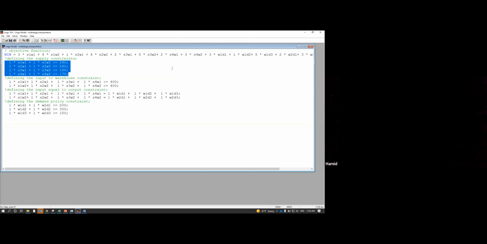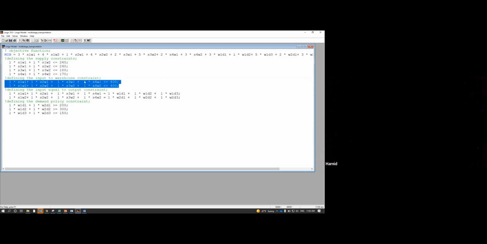So the second constraints are referring to your warehouse capacity. So whatever comes from the first supplier, second supplier, third and fourth supplier shouldn't be more than 400 because it's the capacity of the first warehouse.